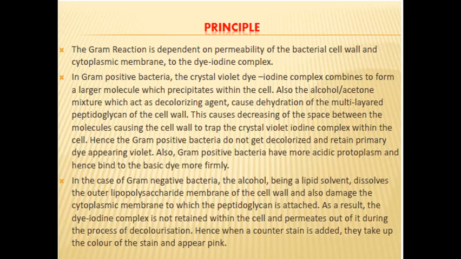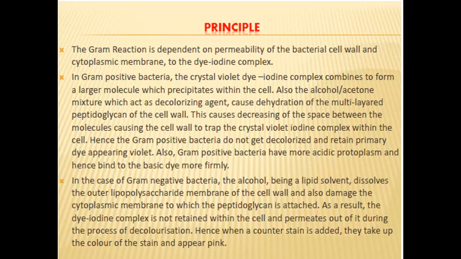And the CVI complex that initially reached the inner side of the cell wall is now unable to come out of that cell wall, and that's why the primary stain, the crystal violet iodine complex, remains as it is in the cell wall.